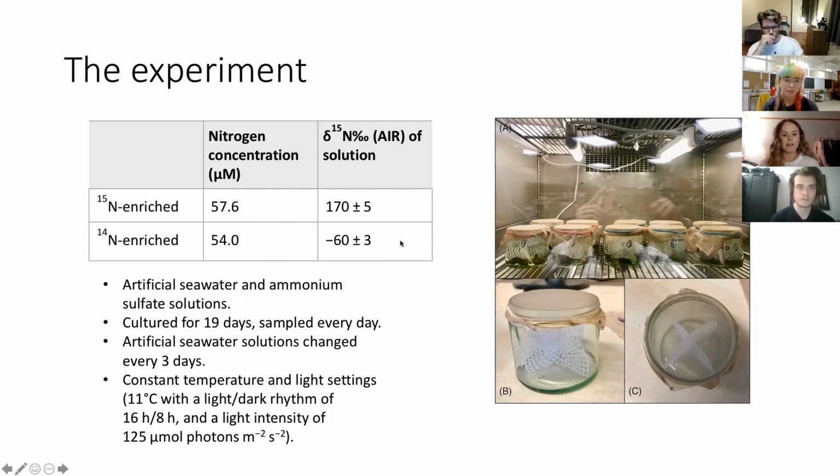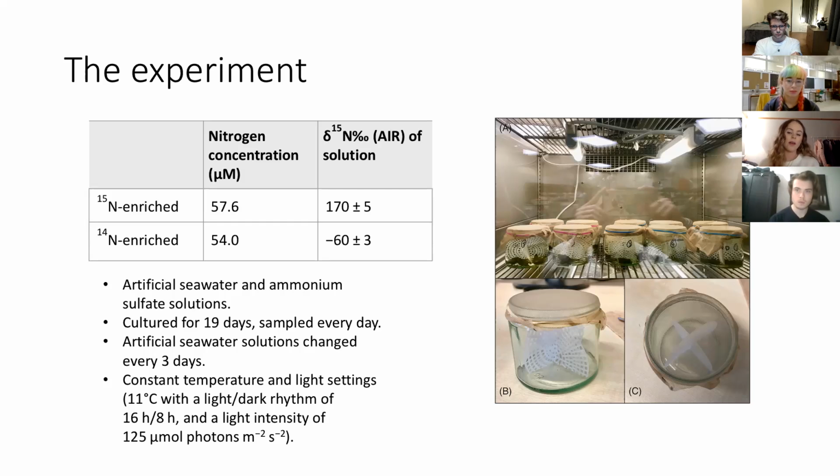And then our delta 15N was 170 for the 15N enriched solution, and then minus 60 for the 14N enriched solution. And it doesn't matter too much that these aren't the same amount away from zero. All it means is we just needed unnatural delta 15N values.